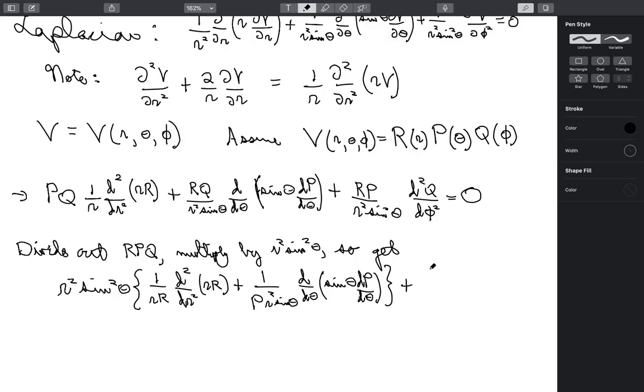And then I have 1 over Q times the second derivative of Q with respect to phi.